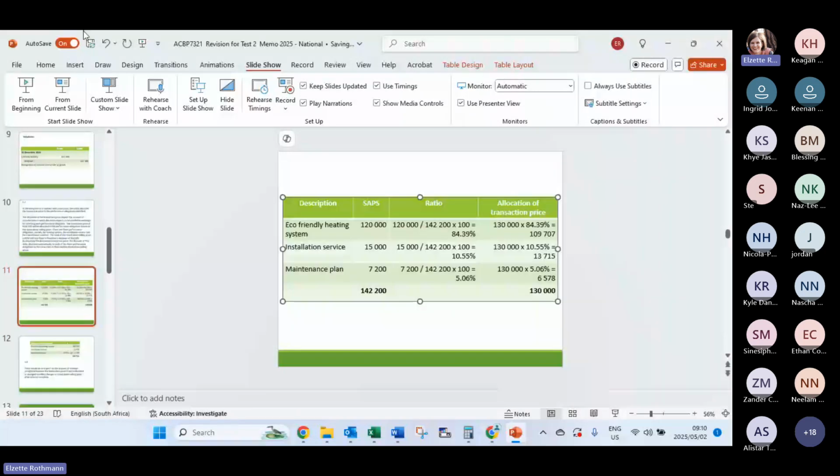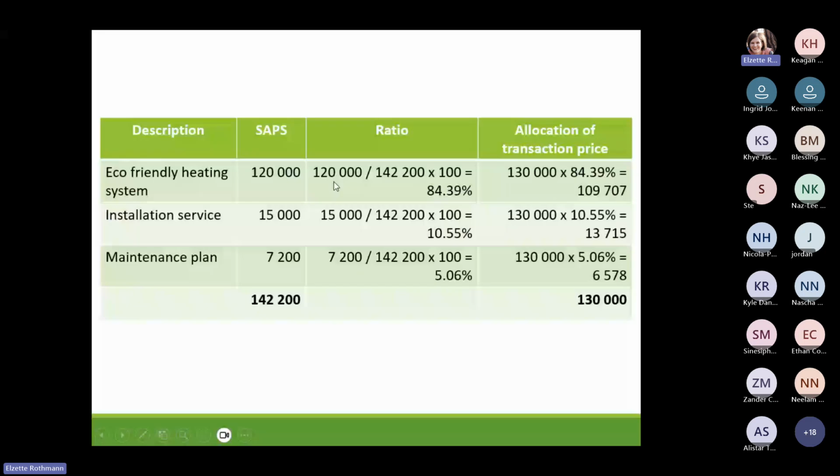So you take the 120,000 divided by the total, which is 142,200, times 100, then you get the percentage, 84.39%. Then we do the same for the next one. So installation service, the 15,000 divided by the total, which is 142,200, times 100 will then give you 10.55%.